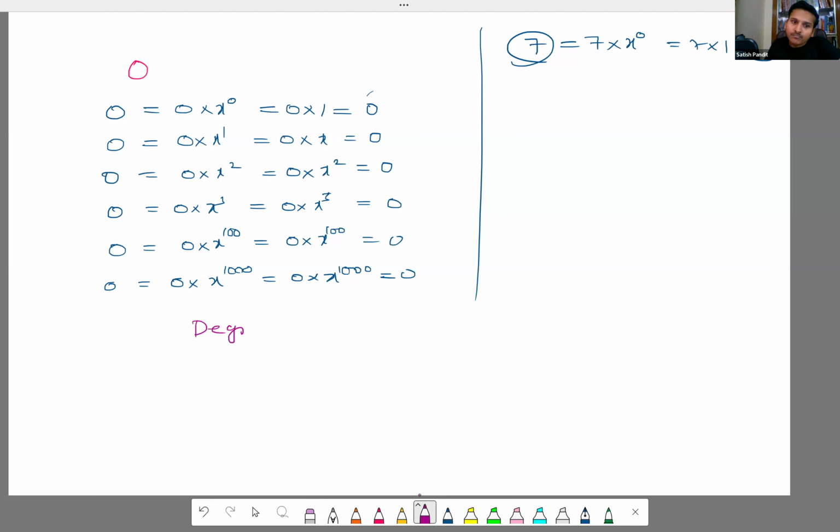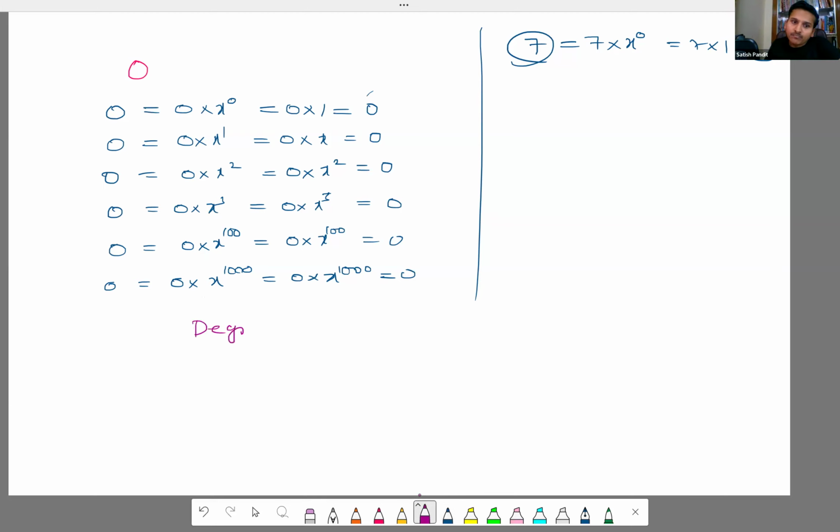Suppose I have 5x cube plus 2x square minus 7x plus 10. This is a polynomial. Powers of the variables are whole numbers. Suppose somebody asks, what is the coefficient of x cube?